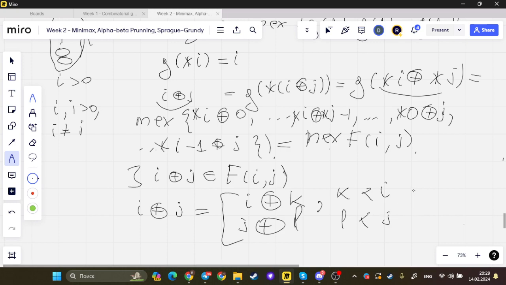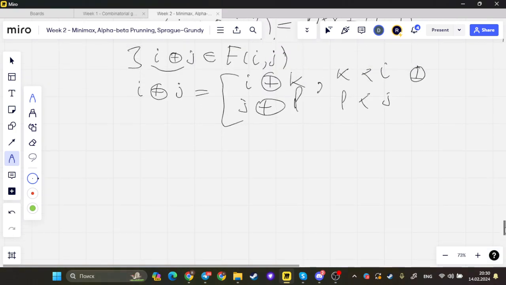It means a contradiction, because to get e, this function is injective relative to k, and it means to get the sum we need that k must be equal to e, or l must be equal to g. Okay, that means this number doesn't belong to the set.